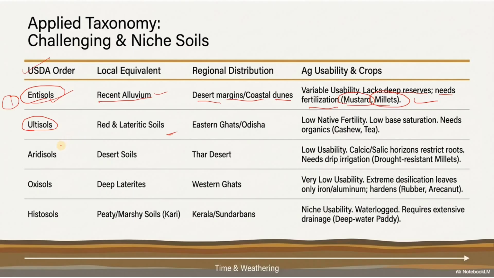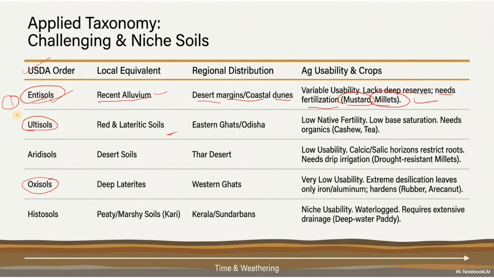Ultisols are the ultimate weathered soils, and this comes second after the oxisol in terms of weathering. So later in this video, when we study the soil orders, we will know according to the USDA soil order which soil comes first and which soil comes last.